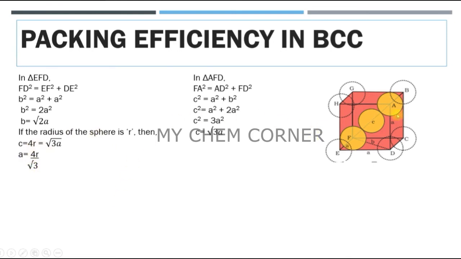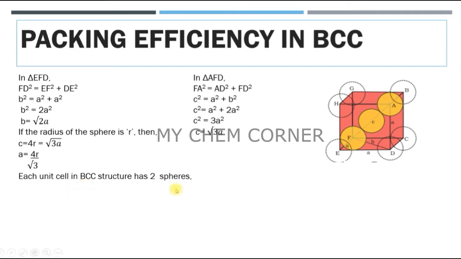Now we will see for a BCC how many atoms are belonging to it, which we did a calculation on in the previous videos. So here in each unit cell, a BCC has 2 spheres to itself. We did this calculation in the previous videos also. If you haven't watched that, I'll put the link in the description box and you all can watch how to calculate how many atoms belong to a particular unit cell.